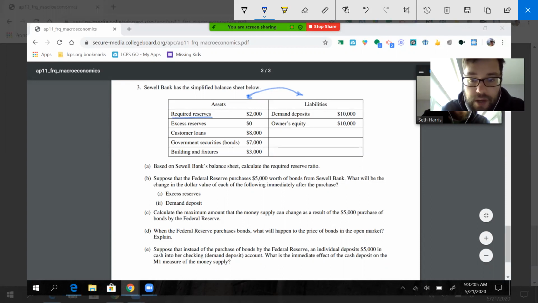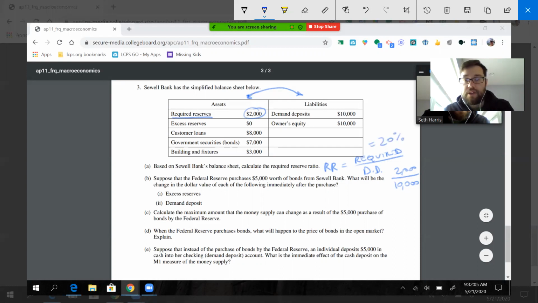So the formula for the reserve ratio is required reserves over demand deposits. Okay, so they give us this number here, 2,000, and then our demand deposits are 10,000. Okay, so our reserve ratio is 20%.